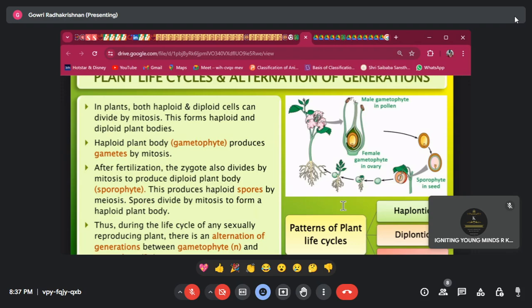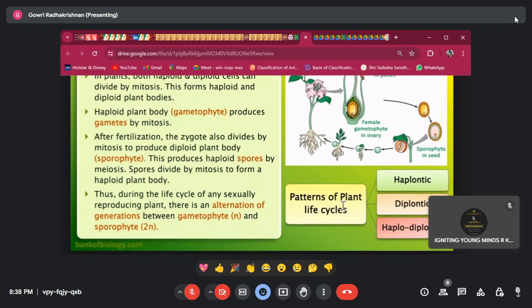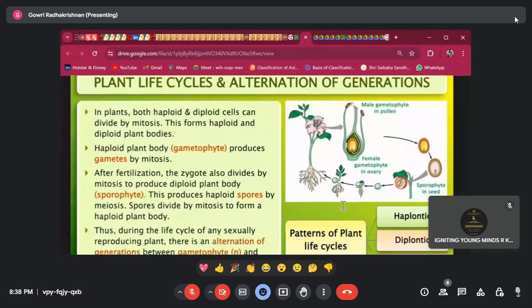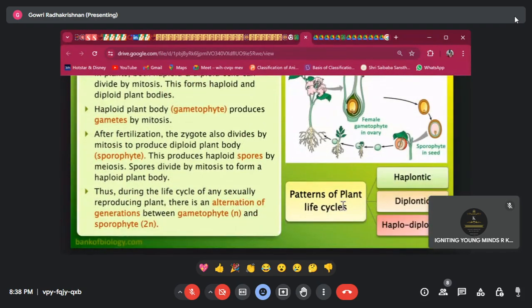Spores divide by mitosis to form a haploid plant body. Thus, during the life cycle of any sexually reproducing plant, there is an alternation of generations between gametophyte and sporophyte, that is haploid and diploid. Gametophyte stage is haploid and sporophyte stage is diploid. Please remember that, don't get confused.